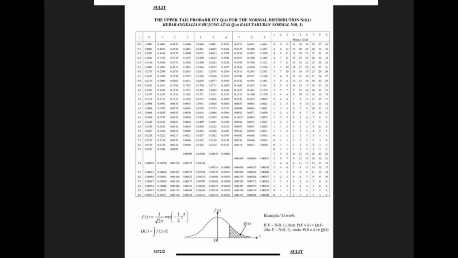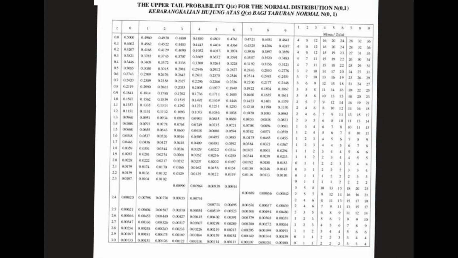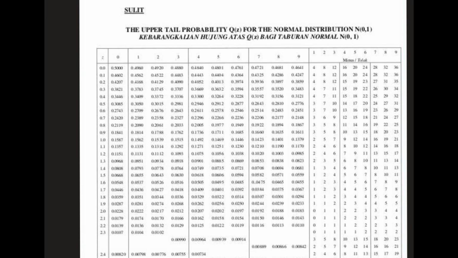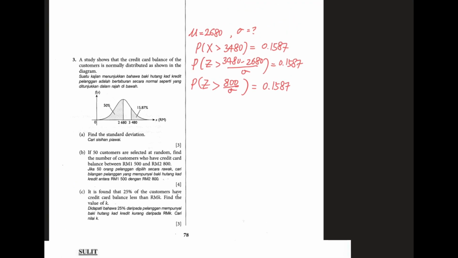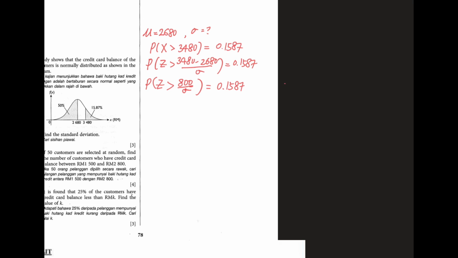Now let's look at the table. I'm going to put the table down here. 0.1587 is the probability, so we have to look at the middle to find the probability. 0.1587, this is the one. The z-score is 1.00.